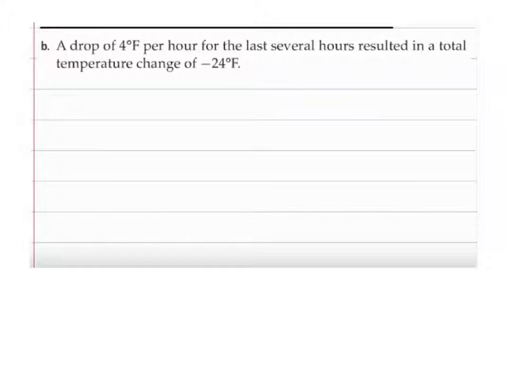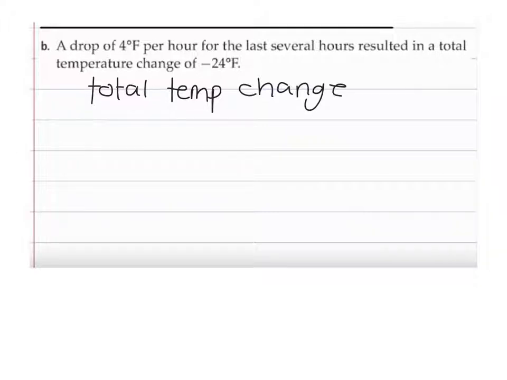A drop of 4 degrees Fahrenheit per hour for the last several hours resulted in a total temperature change of negative 24 degrees Fahrenheit. So what are my important words? The total temperature change was negative 24 degrees Fahrenheit.